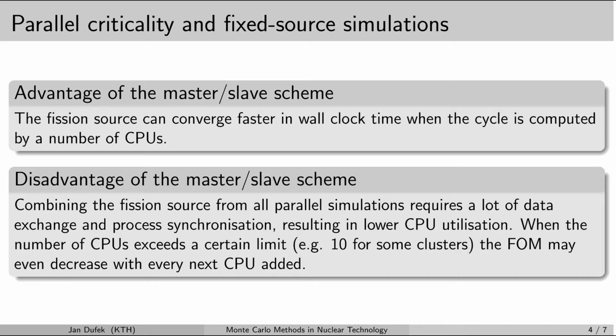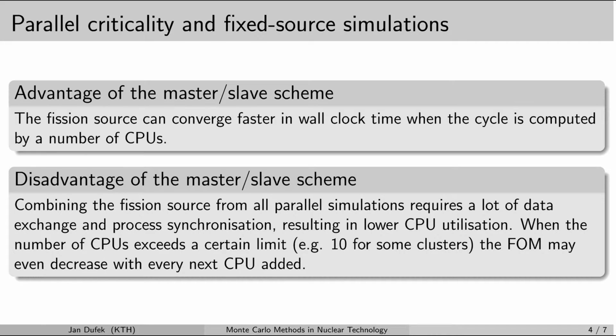The main disadvantage of the master-slave scheme is a typically poor CPU utilization, and this is because the processors need to communicate. So the communication takes place between the master processor and the slave processors, so that takes time.